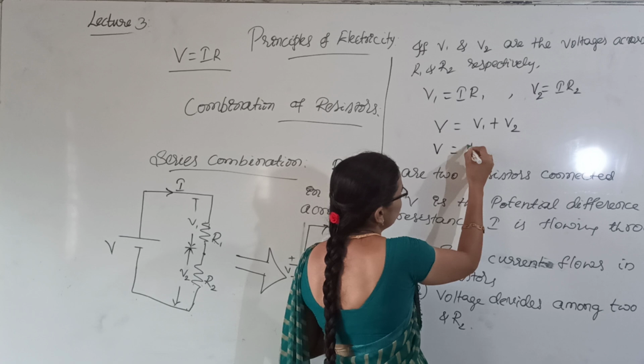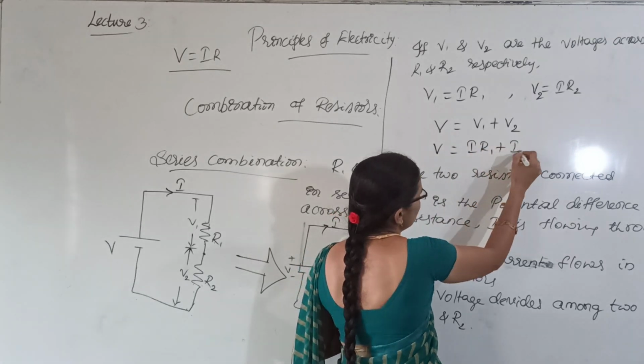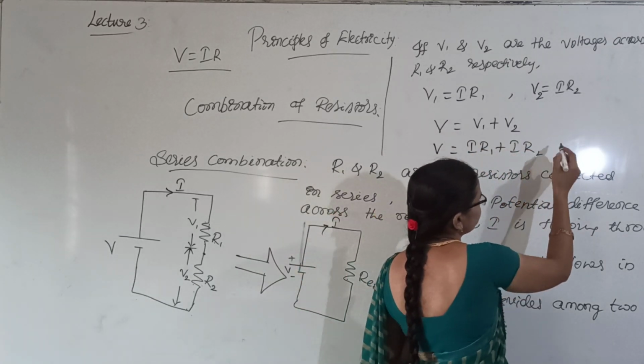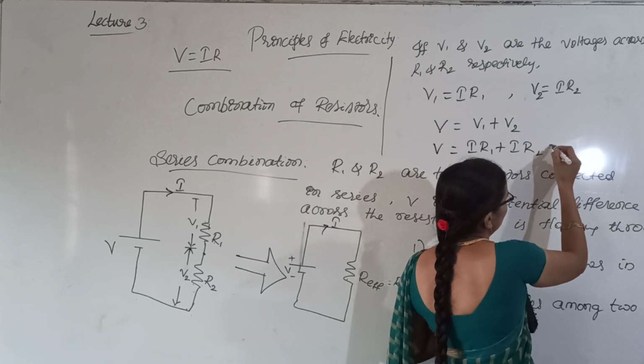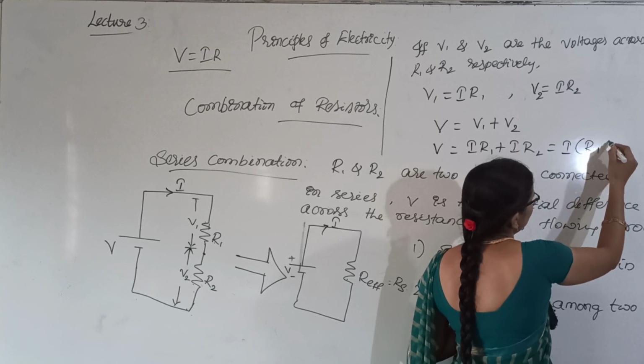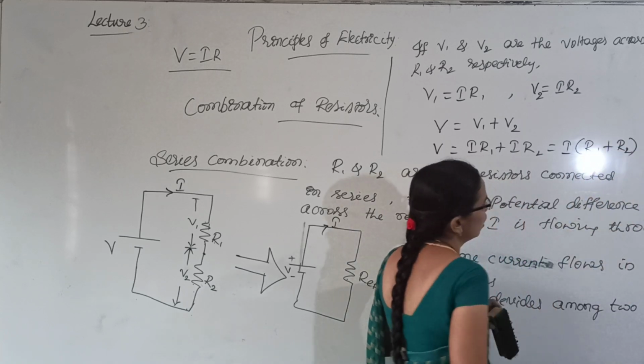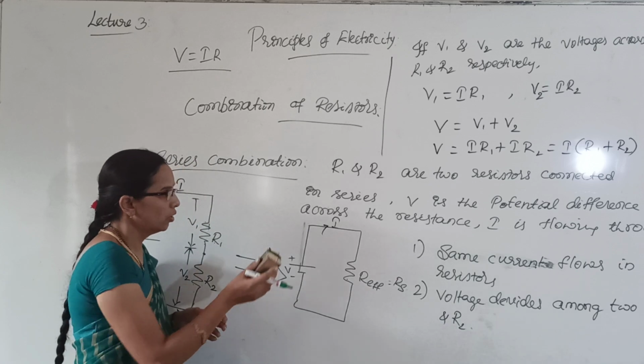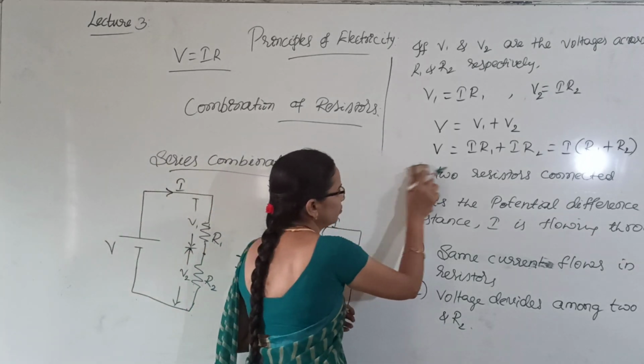V is equal to IR1 plus IR2. You can take I as common: I times (R1 plus R2). Okay.